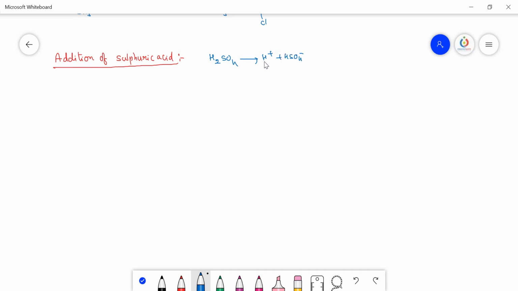So in this way we have to split up. You should not make it 2 H plus and SO4 minus 2, because at a time we can break only one pi bond, so that one species can be added.